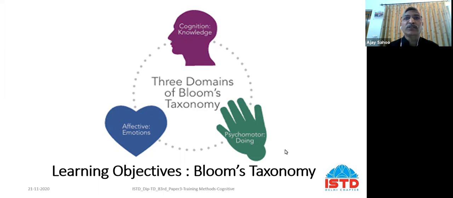Similarly, if you just want the participants to have knowledge about a particular topic or subject, then you pick the training method accordingly. Similarly, if you want the participants to acquire some emotional outcome, say for example empathy, what is the training method which is appropriate for teaching empathy?